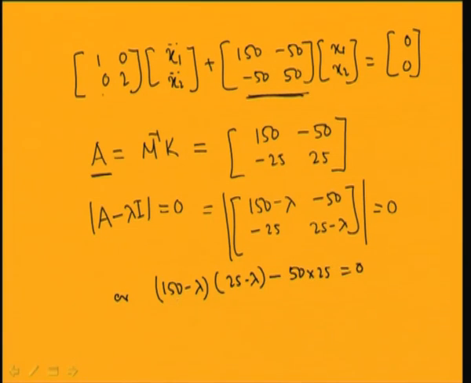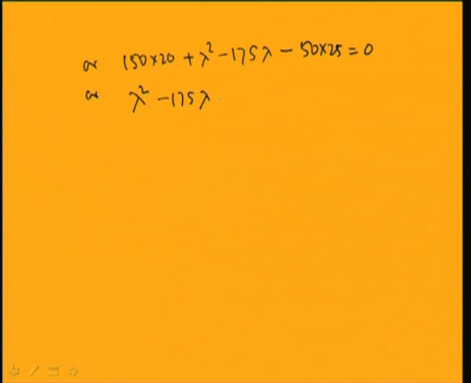From this you can find 150 into 25 plus lambda square minus 175 lambda minus 50 into 25 equal to 0, so your equation is reduced to lambda square minus 175 lambda plus 2500 equal to 0.